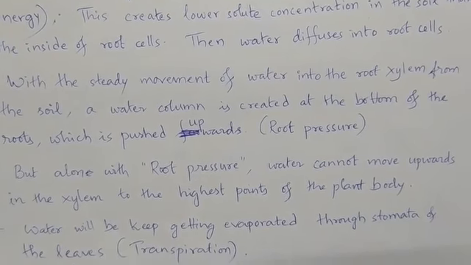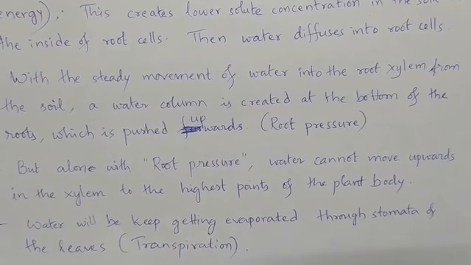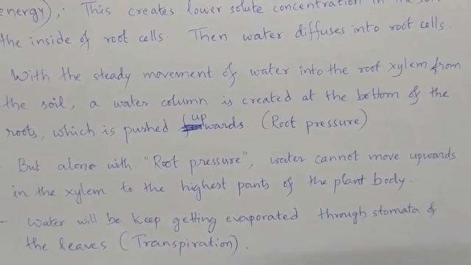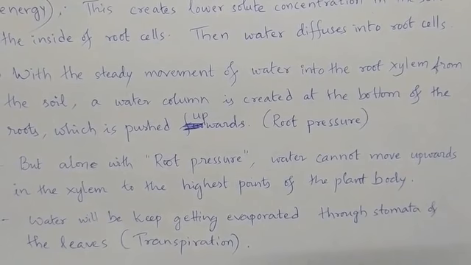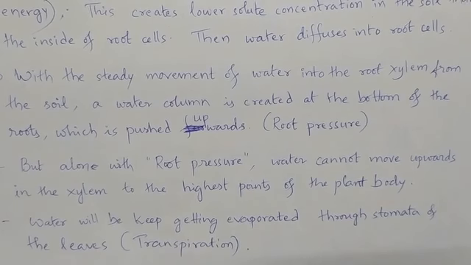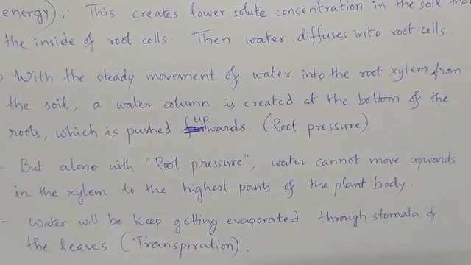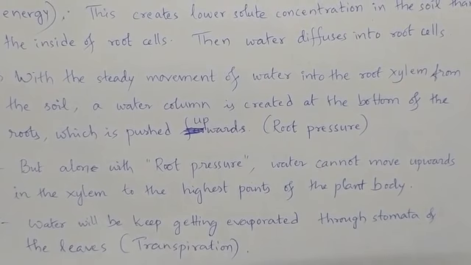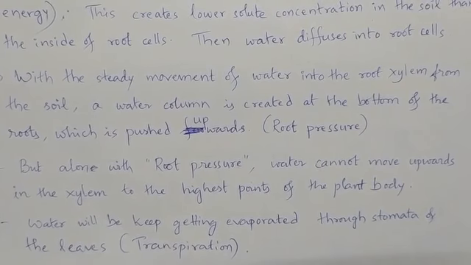But with root pressure alone, water cannot move upwards in the xylem to the highest points of the plant body. Then how does the water move upwards to the highest points of the plant body?